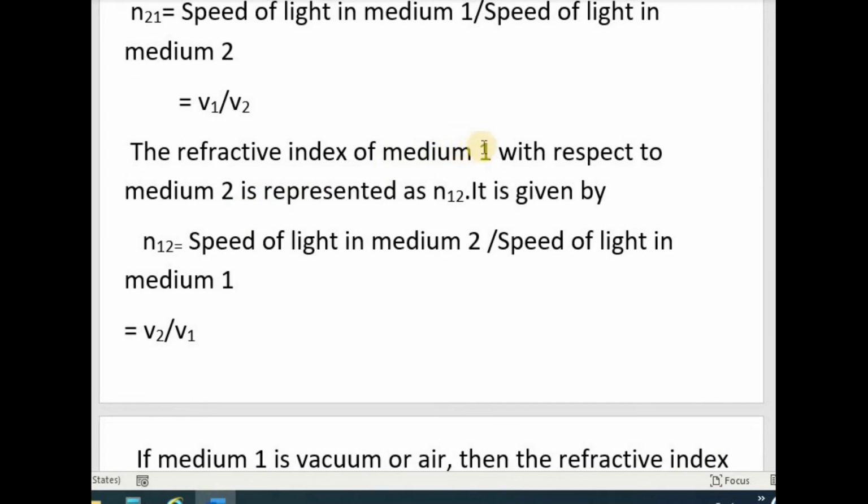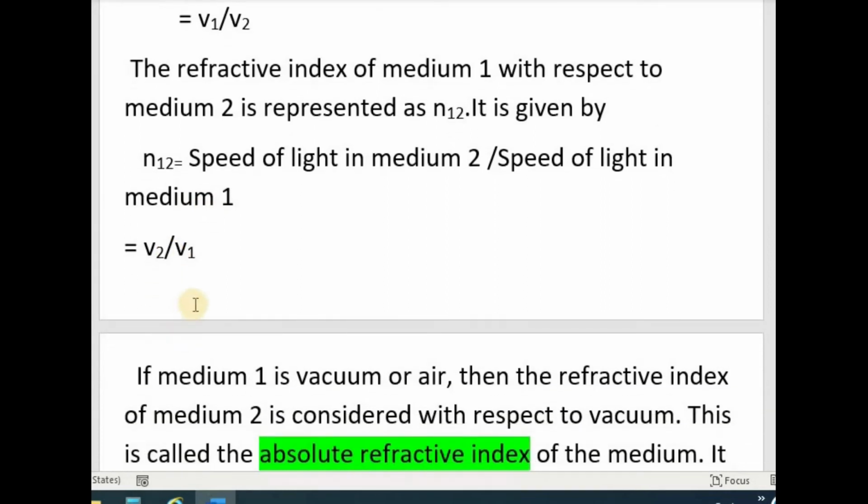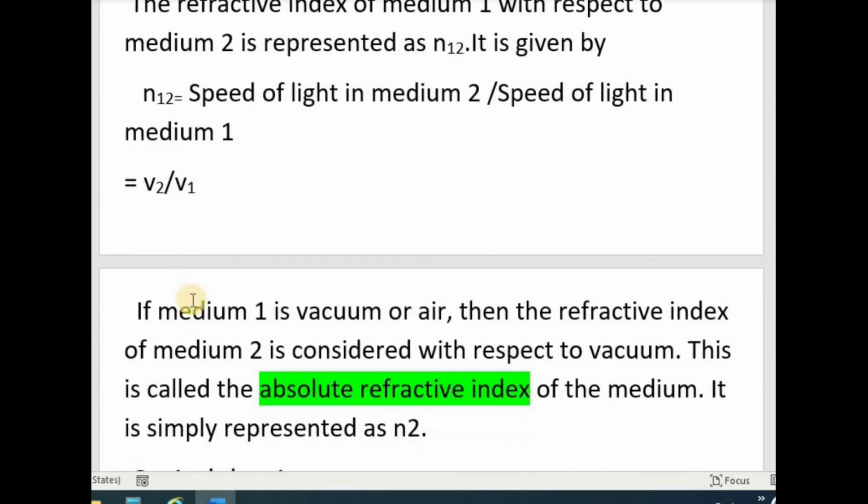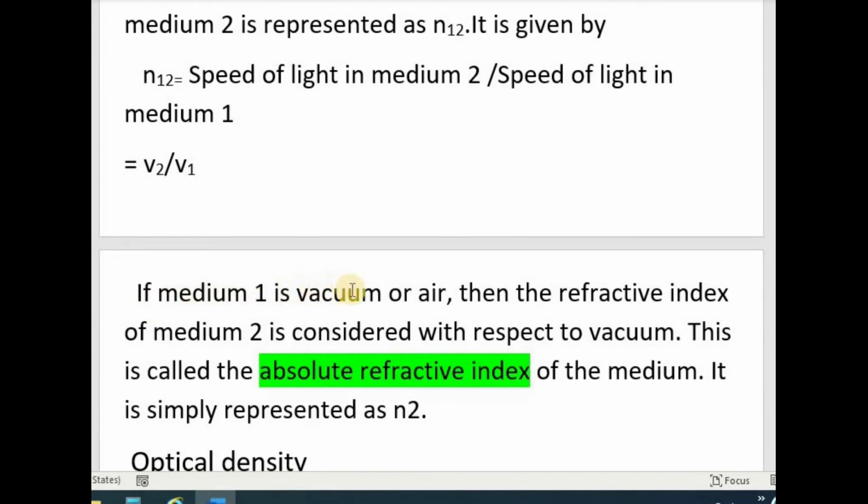Now the refractive index of medium 1 with respect to medium 2 is represented as n12. What is n12? n12 is the speed of light in medium 2 divided by speed of light in medium 1, that is v2 by v1. If medium 1 is vacuum or air, then the refractive index of medium 2 is considered with respect to vacuum.